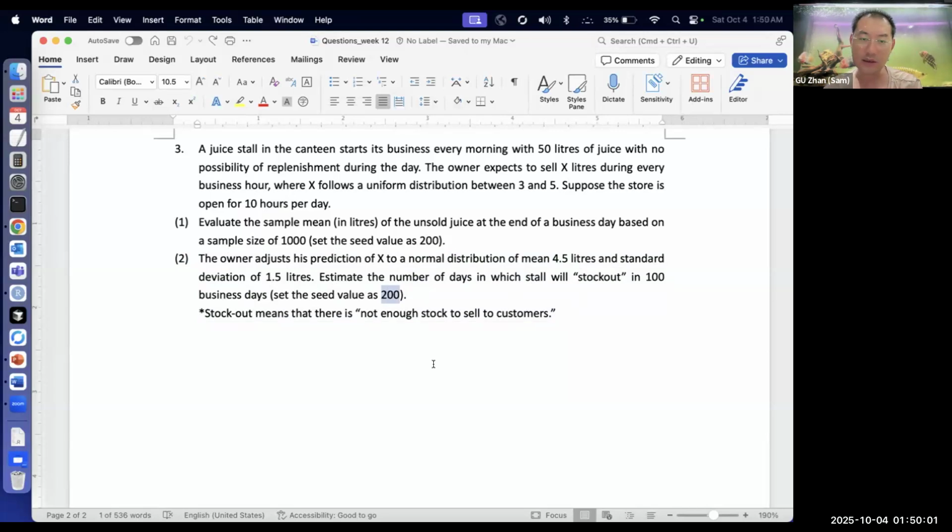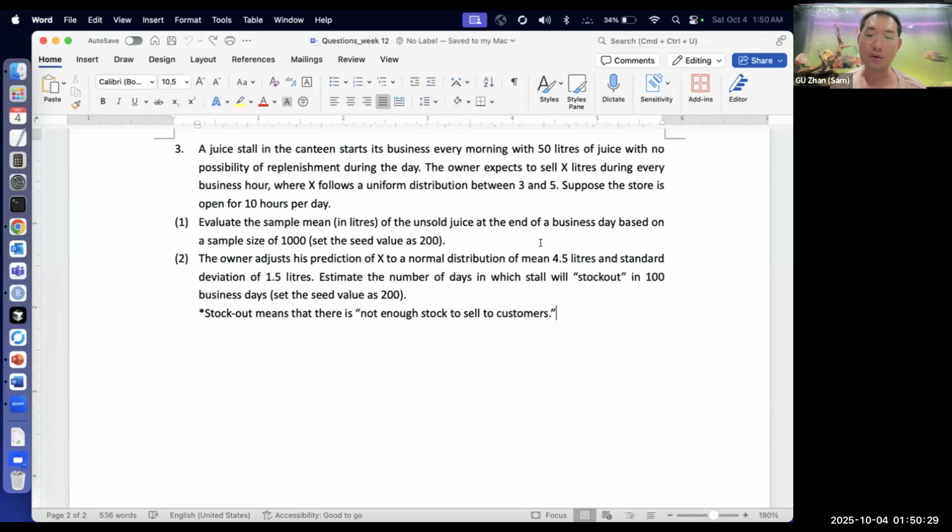Basically, they sold everything out of these 100 business days. Not enough stock to sell to customers. That means the demand is greater than the supply of 50, greater than 50, not greater or equal. Less or equal means just nice, right? So the last customer just requests the exact amount of the remaining juice in that store.